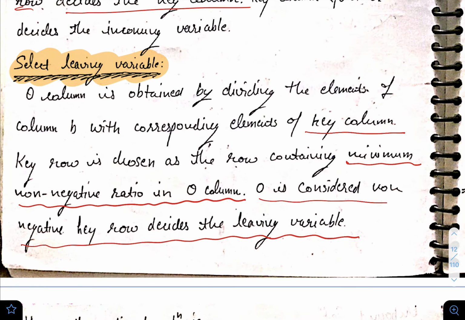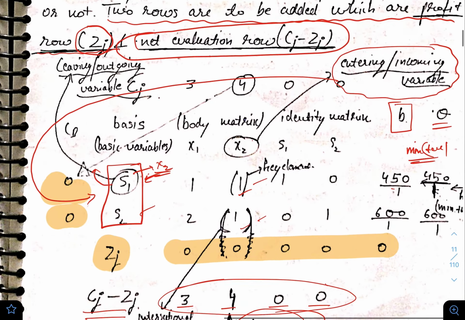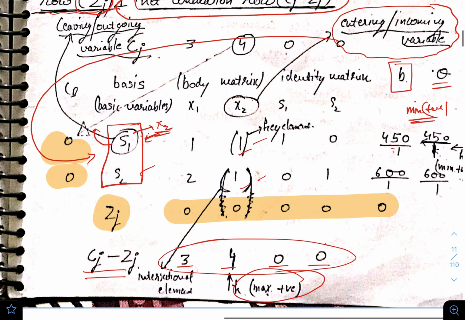Okay, so what we have learned in this lecture is that we have introduced two new rows in our question. One was the Zj, another was the Cj minus Zj. Then I have seen how to check for optimality. I will check Cj minus Zj. If all the values are negative, then I have reached the optimal solution.